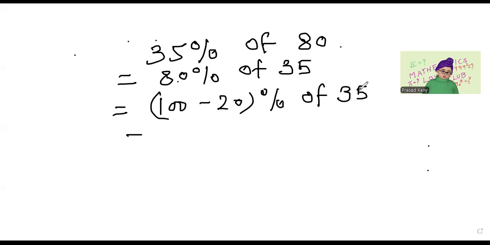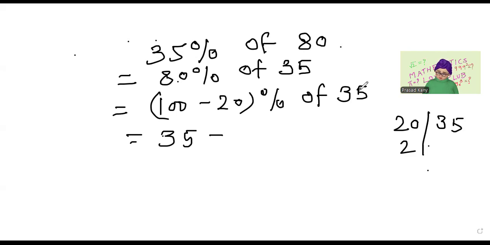That becomes 100% of 35, that is 35, and 20% of 35, which is 2 times 3.5, and that gives me 7, and 35 minus 7 is equal to 28. So, sir, please let me know whether these steps are correct or whether I'm missing something.